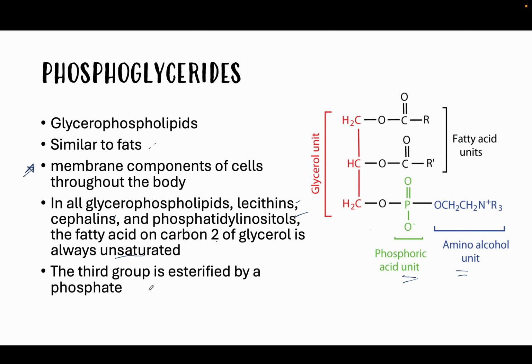And then the third group has the phosphate group. So again, you still have your glycerol, the 3-carbon backbone of your structure, but this time the phosphate and alcohol substituent is present in carbon number 3. It is always attached to carbon number 3.